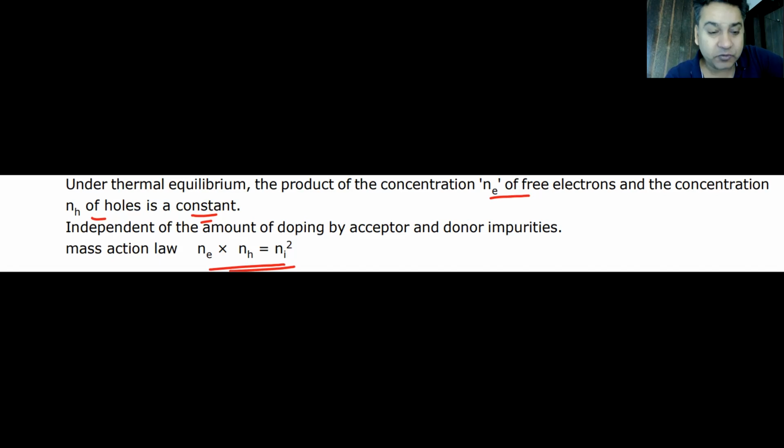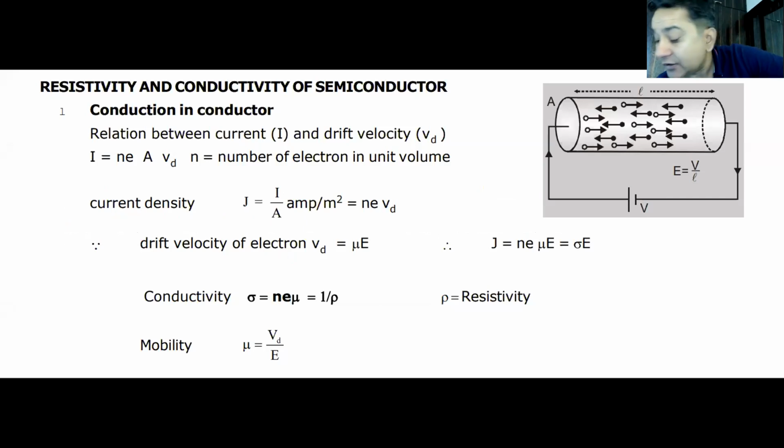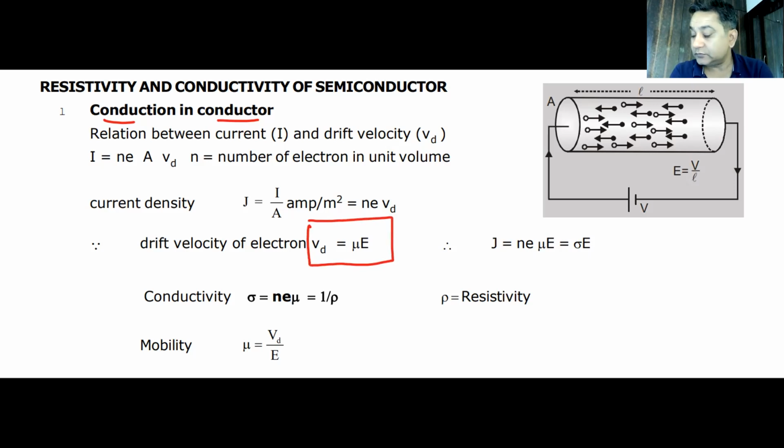Okay, then let's move ahead and we'll move quickly to this topic. Resistivity and conductivity of a semiconductor. How do we calculate the resistivity and the conductivity? Before going on to semiconductor, let us have a look at what is conductivity of a conductor. You must be knowing this equation for the conductor.